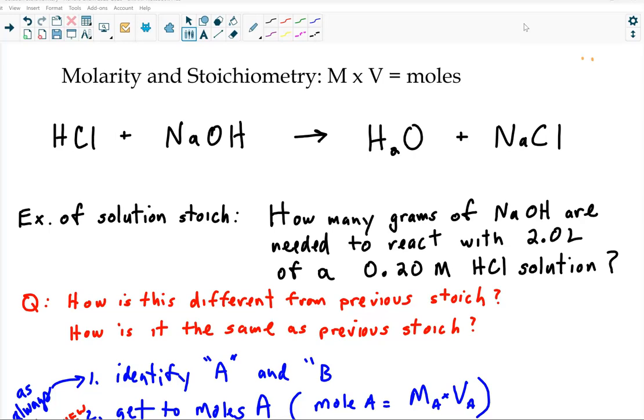Because you've done lots of stoichiometry. And then how is it the same? It's different because we're using molarity to find out mass. Anything else that might be different?